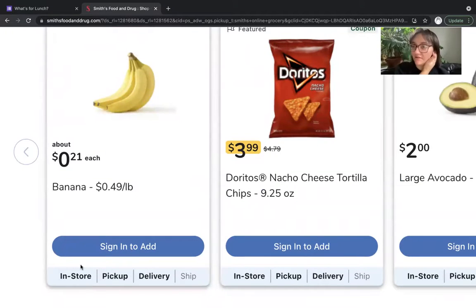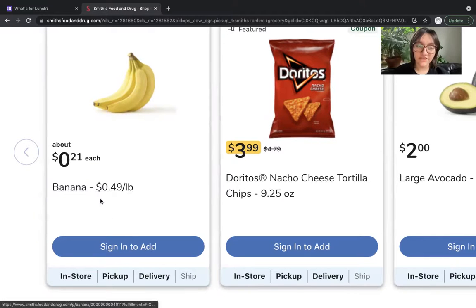How do we understand advertisements or prices, right? The sign could say, oh, $3.99 for this item, but then when you look closer you see, oh, it's actually 49 cents a pound, right? Some items are measured by pounds.